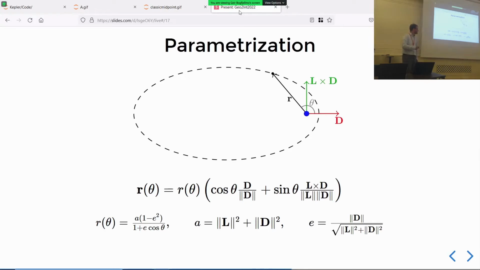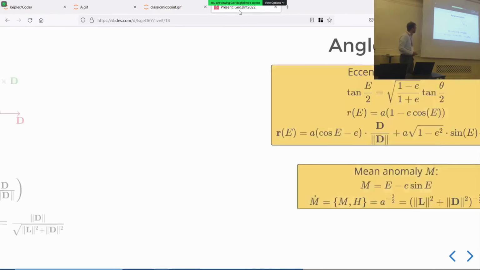Now, of course, this theta here is physically an angle. It's not an angle coordinate in the sense of the action-angle coordinates, because if you take the time derivative of theta, it's not going to be constant along the orbit.